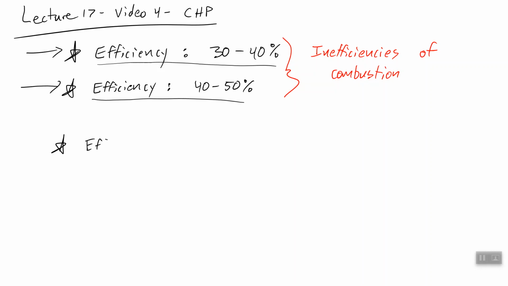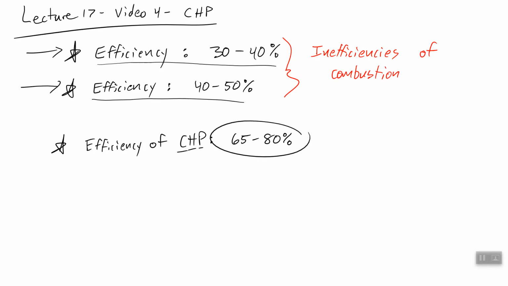So if we combine these ideas and use the waste heat from a power plant for something useful instead of just rejecting it into a river or something, then we can get efficiencies up to 65 to 80% for a CHP, or combined heat and power. Meaning that instead of just wasting the exhaust gas from a large power plant, we use those exhaust gases for actual heat.